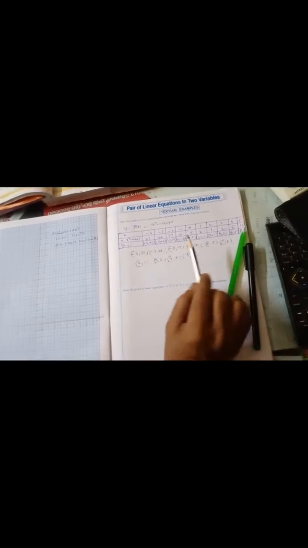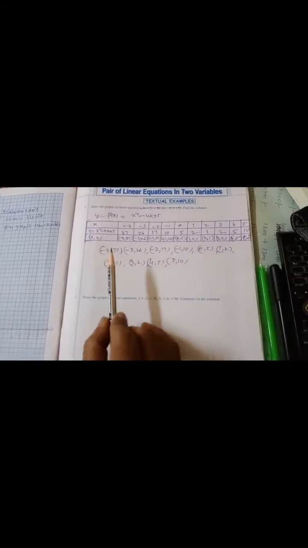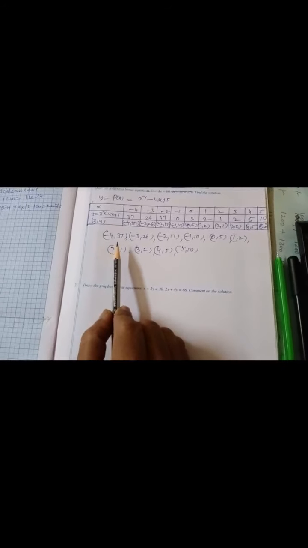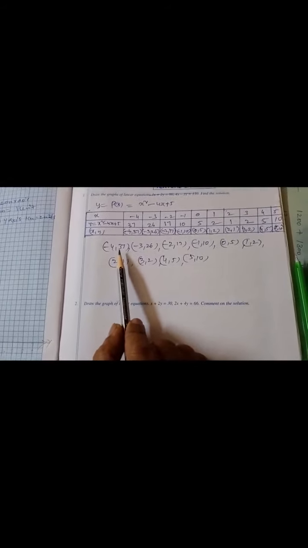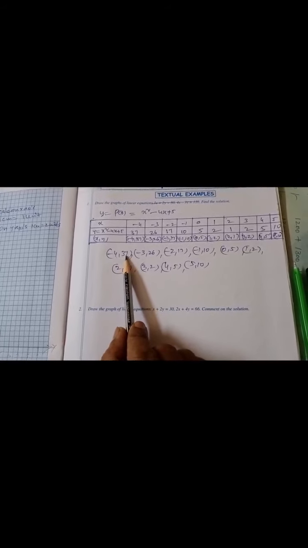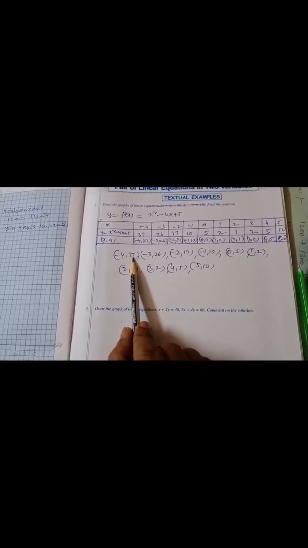Draw the x-axis and y-axis the same as in each and every graph, but sometimes the scale changes. The scale depends upon the values of the x coordinates and y coordinates. Here on the y-axis we are taking 1 centimeter for 2 units, because the y values go up to the highest value, 37.